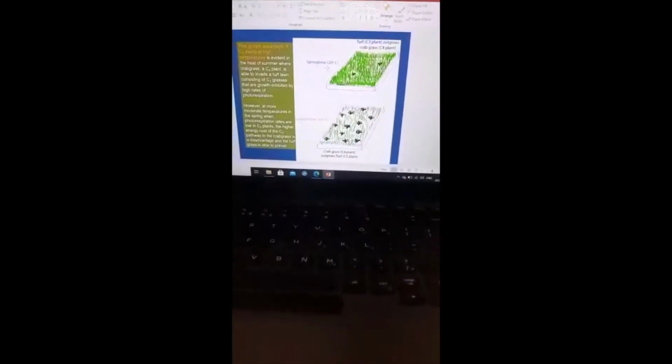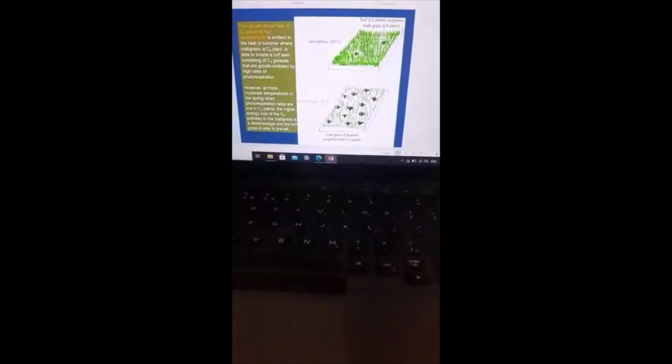This is in springtime when the temperature is about 20 degrees Celsius, and the bottom structure shows you the situation when the temperature is 30 degrees, that is during summer. The crabgrass is a C4 plant, whereas this green lawn is a C3 turf grass.